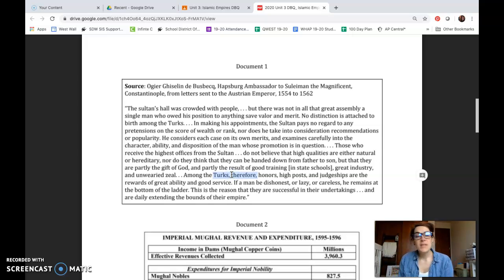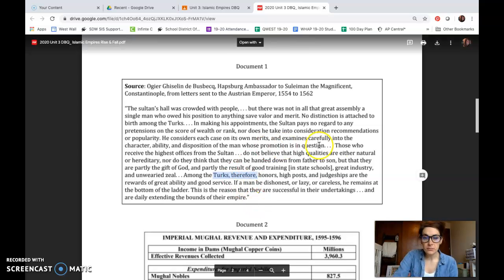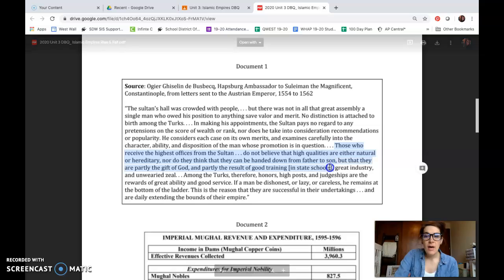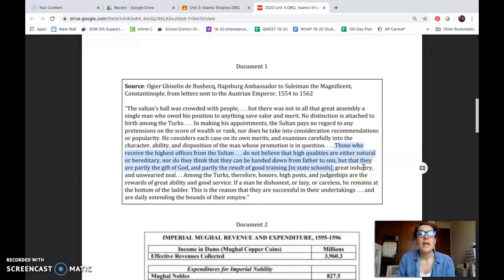So document number 1 is really what I would consider a rise document or a strength document. It's going to talk about Suleiman the Magnificent and how he's going to fairly govern the people that he is ruling over in the Ottoman Empire. It's going to talk in these lines here about how people are going to get put into office or get promoted within the office, one, because it is a gift of God, but then also because of good training.